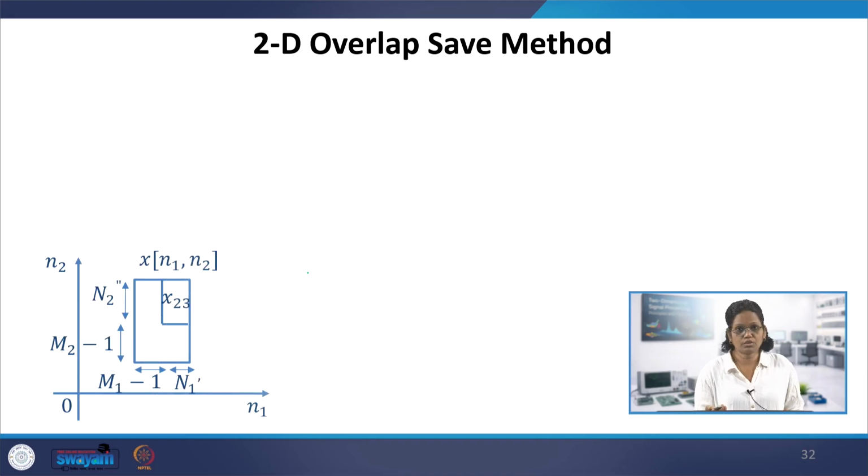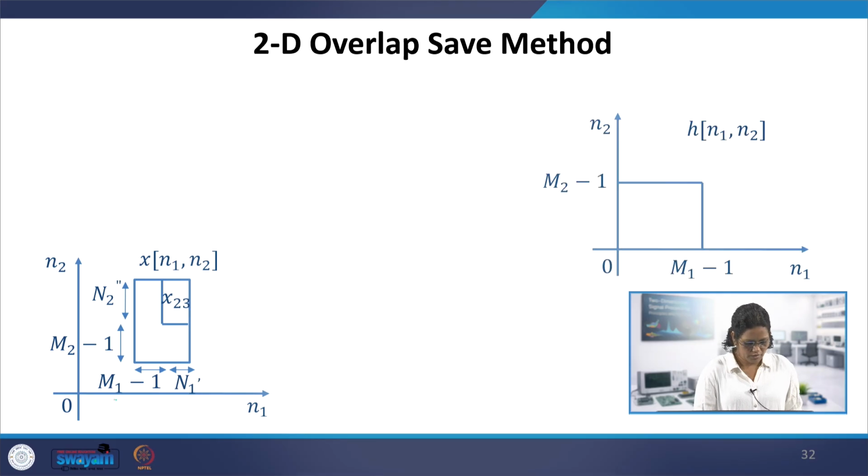Now, how do we do this overlap save method? Take x n1 comma n2. Suppose this is a piece of the sequence, x23. It has x11, x12, x13, x23, x31 and so on.